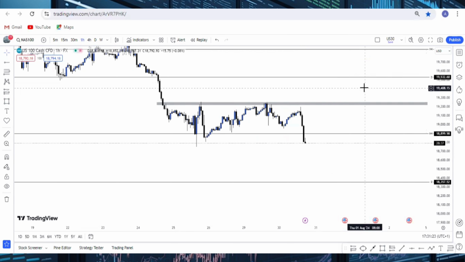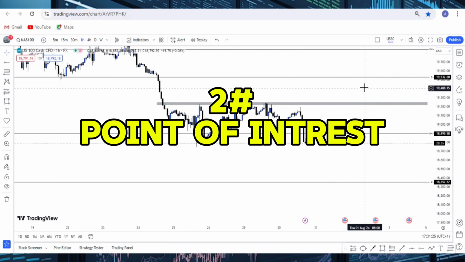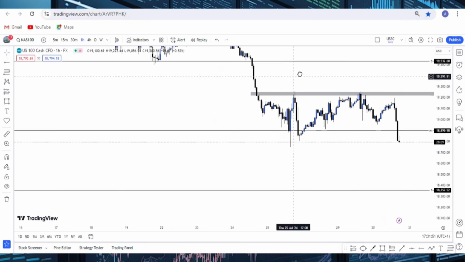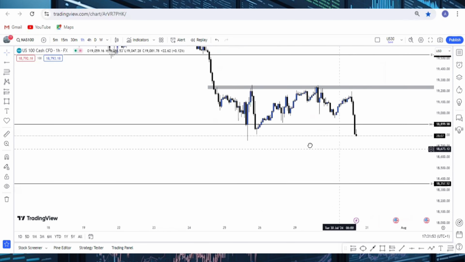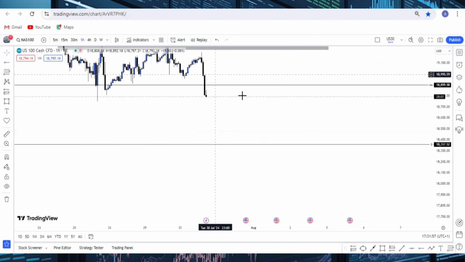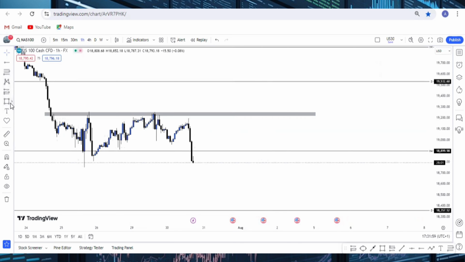So now the second concept here is to wait and wait until the market pulls back to your point of interest. After the market pulls back to my point of interest, I must confirm that it's a pure break and retest. What do I mean by market pulling back to my point of interest? Let me show you guys an example right now. Let's say we have the market going to the upside, giving us a series of higher highs and higher lows.